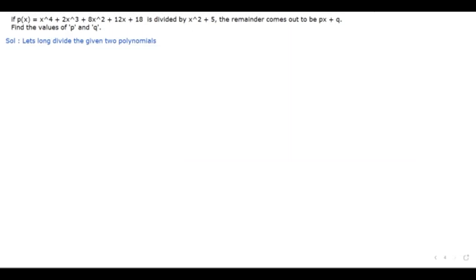Divide it, all of you. x square plus 5 is going to divide.